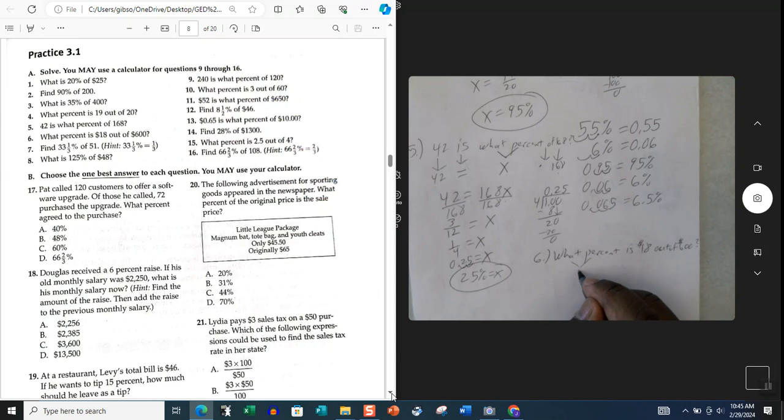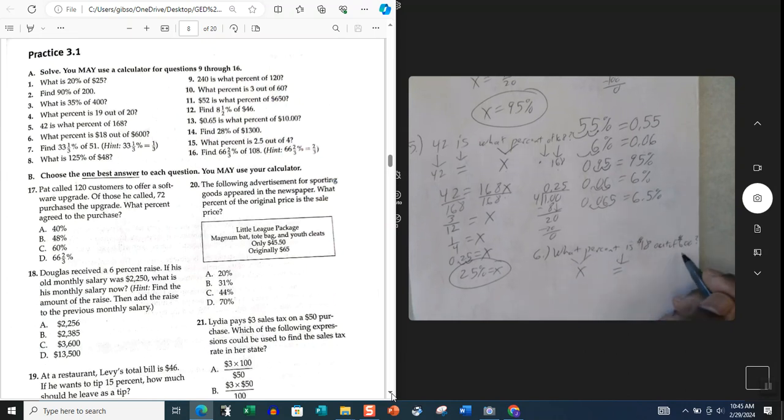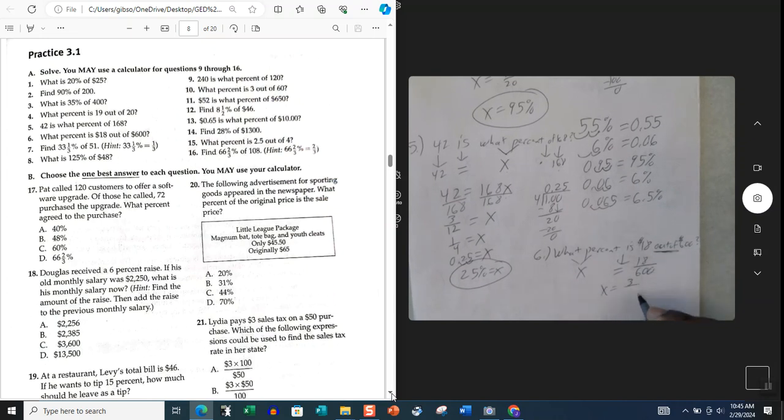So what percent is your x? Is your equal sign. 18 out of means division. So it's 18 divided by 600, or a fraction. So we have 18 divided by 600. We can simplify both of these by dividing by 6. Both of them have 6 in common. So that's 3 over 100.